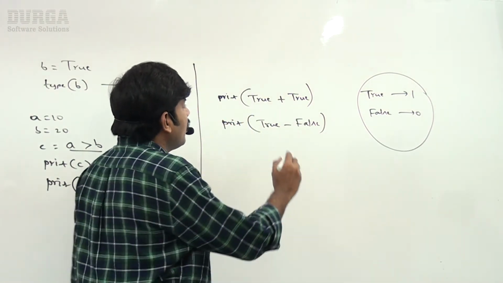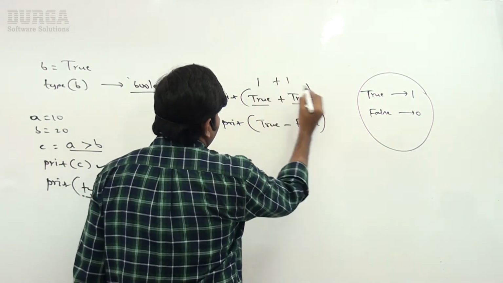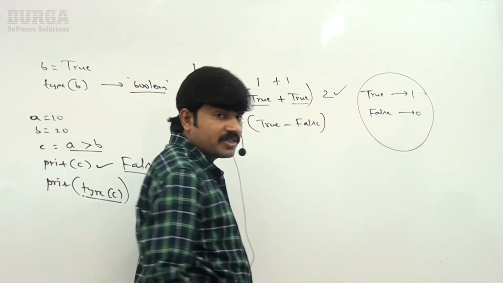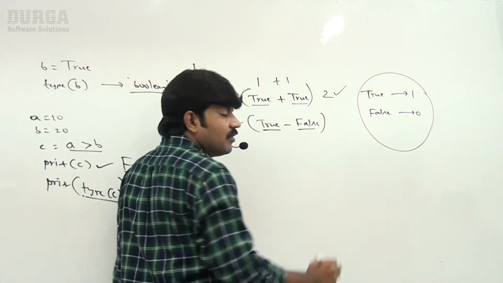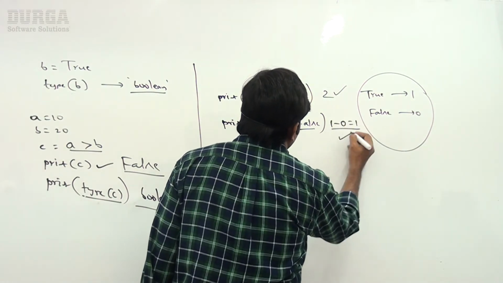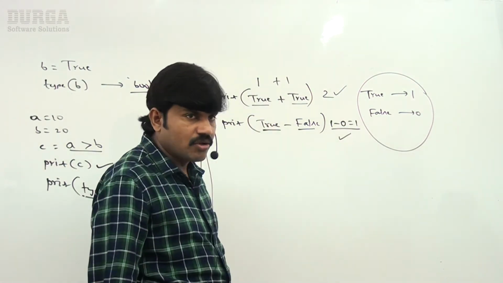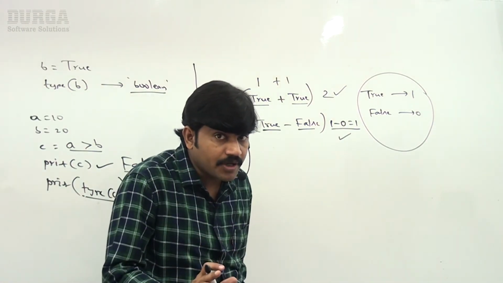Remember this one. Now True plus True, so 1 plus 1, its value is 2, sir. Next, 1 minus False means 1 minus 0, so the value is 1.